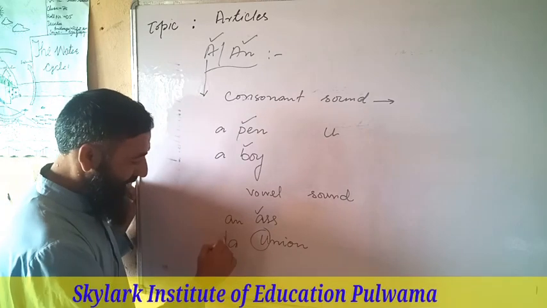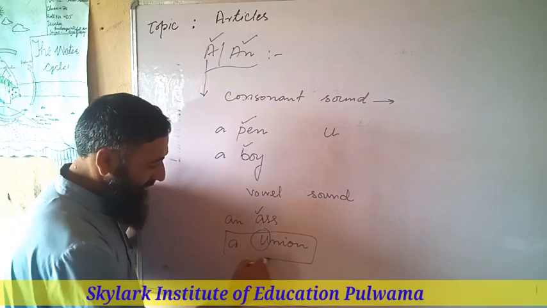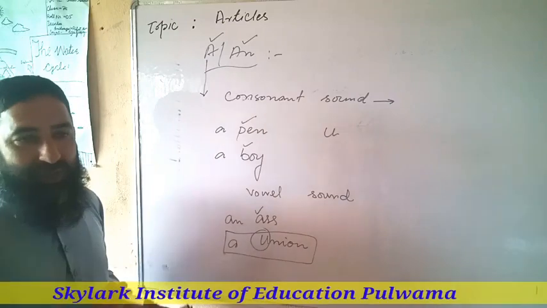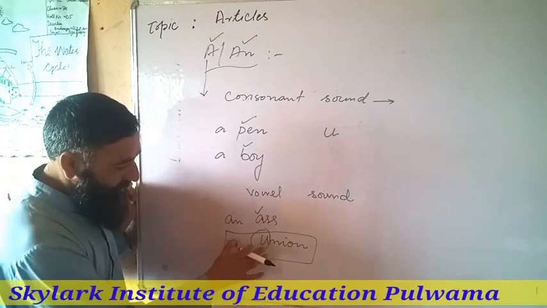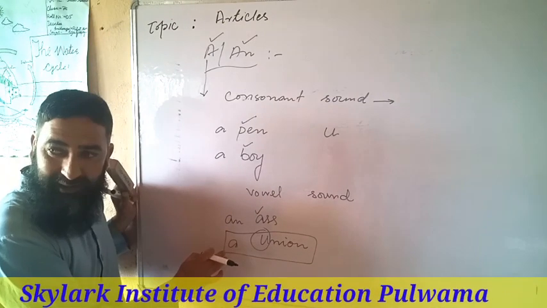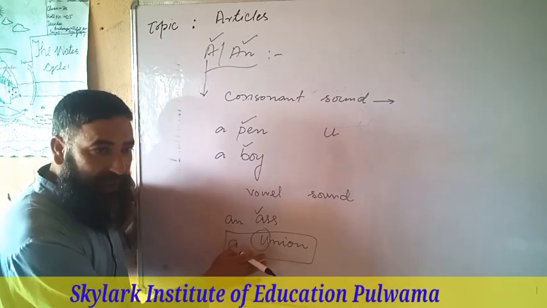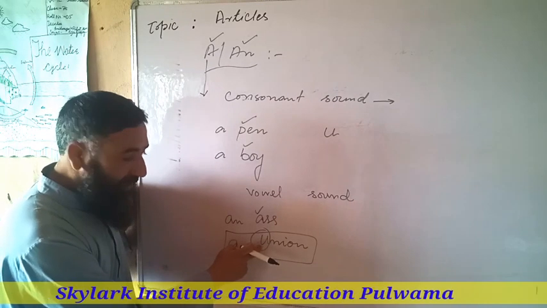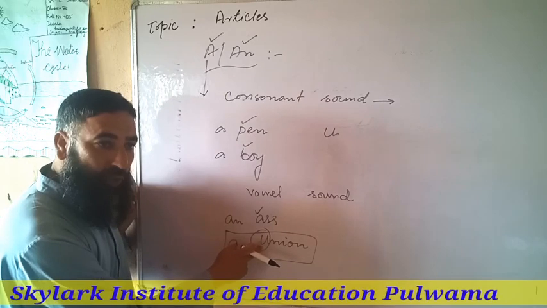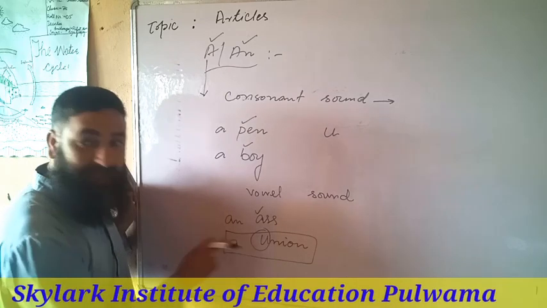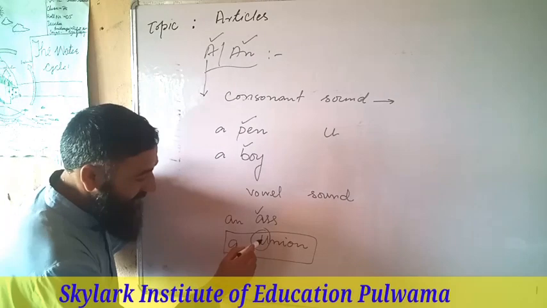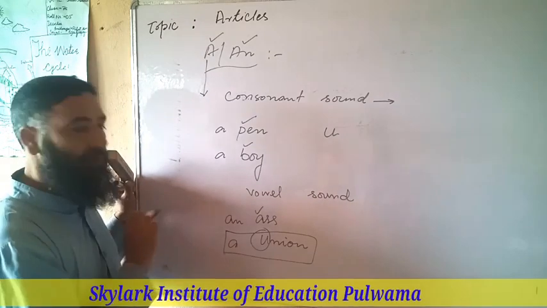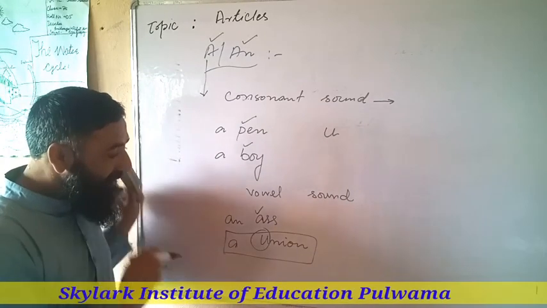Sometimes this word becomes confusing. So we write a union, not an union, because this is indeed a vowel letter but not a vowel sound. It doesn't produce a vowel sound, so we write a.